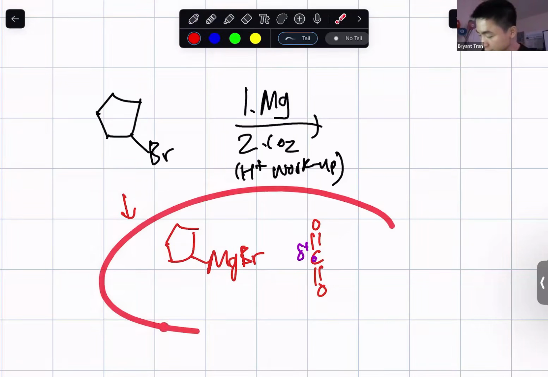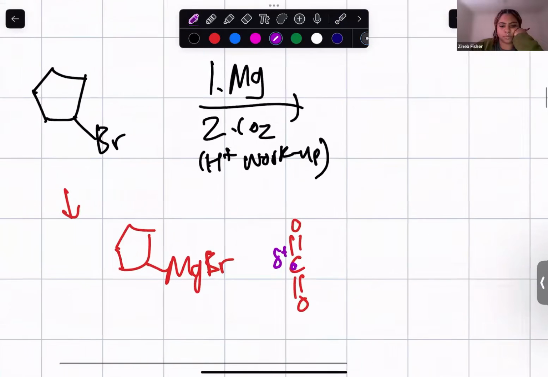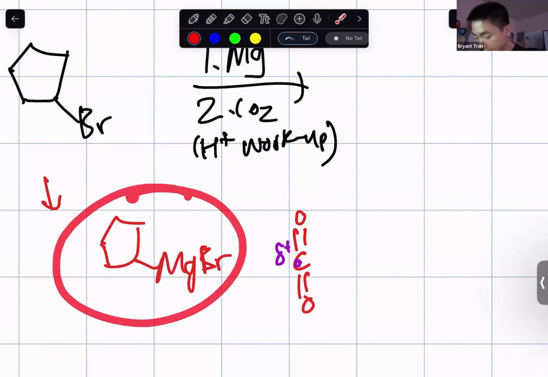So what is the negative charge here that's going to attack this positive charge carbon here? One of the double bonds. So the double bond here is part of the carbon, right? So that's not going to attack anything. It's going to be somewhere in this molecule here.